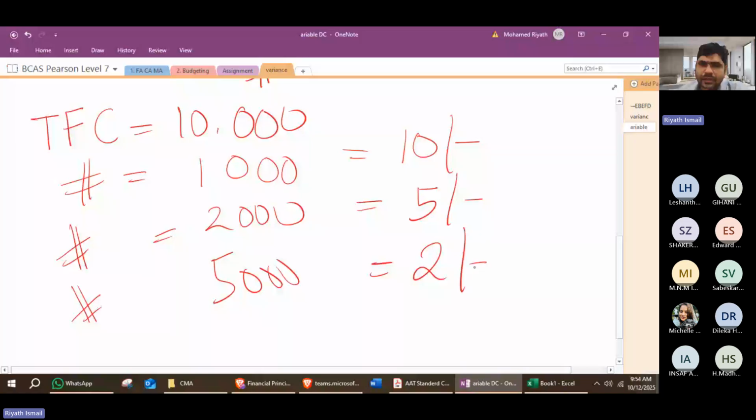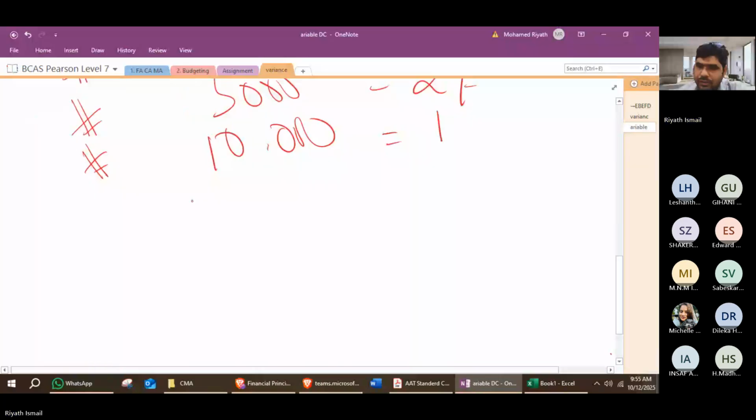If the production units increased to 10,000, 1 rupee. If you produce 100,000 units, the unit cost is 10 cents. This is how it behaves.